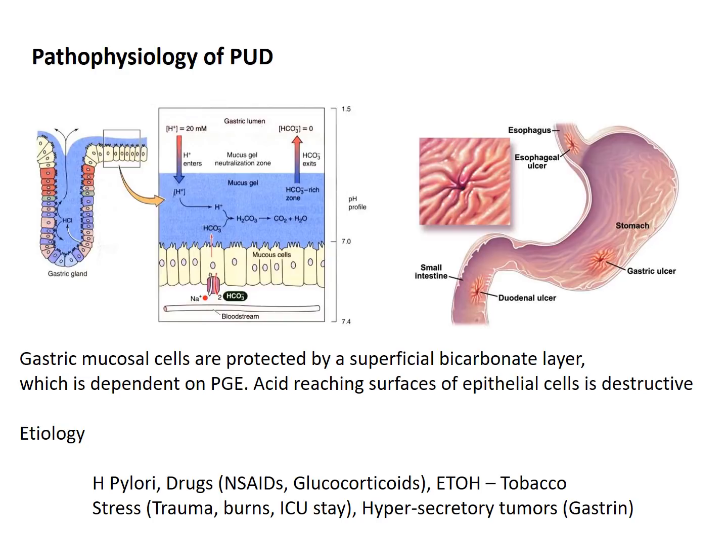Some individuals have hypersecretory tumors that secrete gastrin. Remember, gastrin is a stimulus to the proton pump. All of these things can lead to lack of GI protection or increase in gastric acidity, leading to breakdown of that superficial mucosal layer, leading to ulcerations.